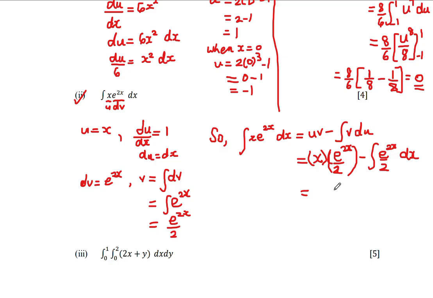So I can simply express this as x e to the 2x divided by 2, by multiplying out the numerator here, x and e to the 2x, we get x e to the 2x all upon 2. Now we're going to integrate e to the 2x upon 2 here.